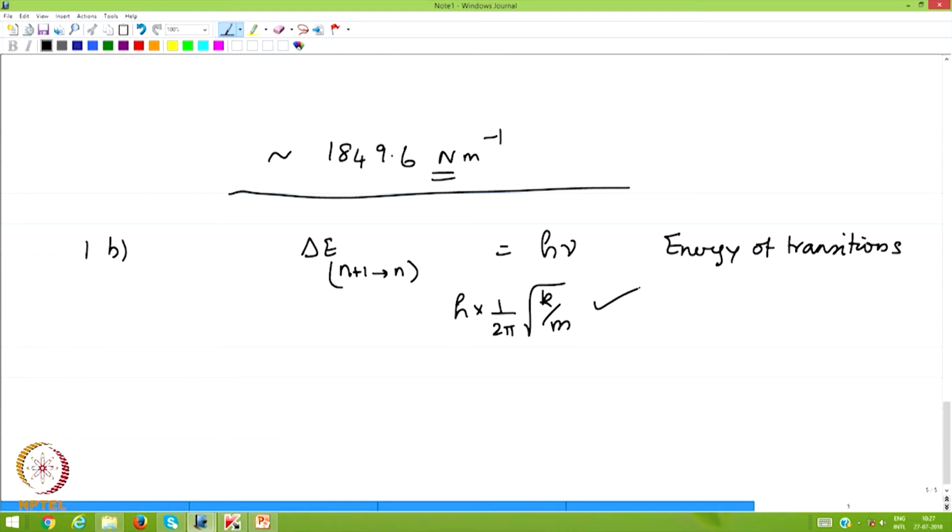You can use that, or you can also use straightforward this number h into c nu bar, which is already given to you as 2140 centimeter inverse.